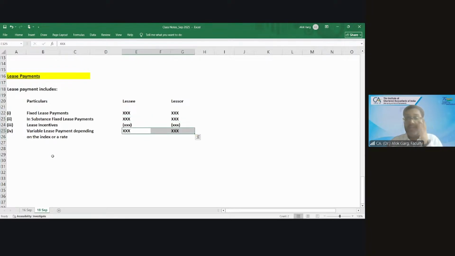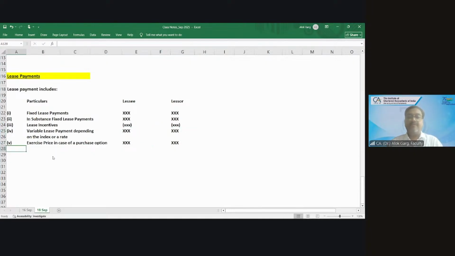Fifth, exercise price in case of a purchase option. If the purchase option is there, then you need to take this exercise price.